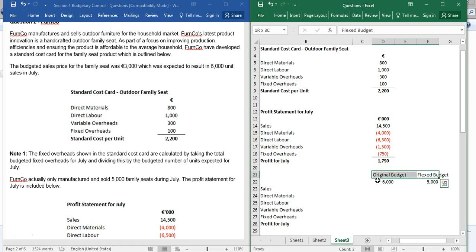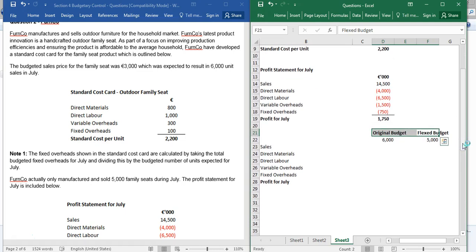Right, so again, you don't need to do the original, but it's useful to understand because this is a slightly different layout and purpose than the century question, just to see the students understand how to use the numbers. So if we take the original budget, you'd have 6,000 units times the revenue per unit, the budgeted sales price at 3,000. So that'll be 1.8 million. Right, so I'll do it in thousands.